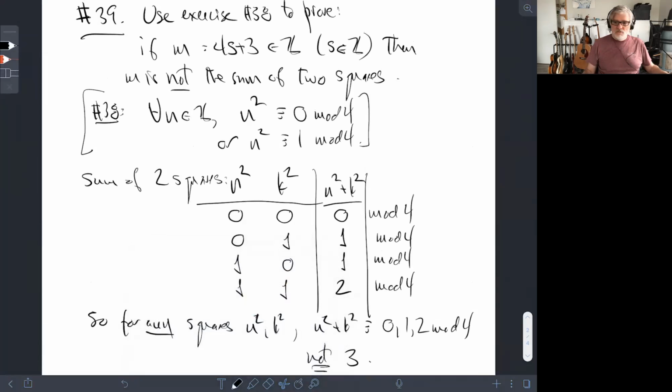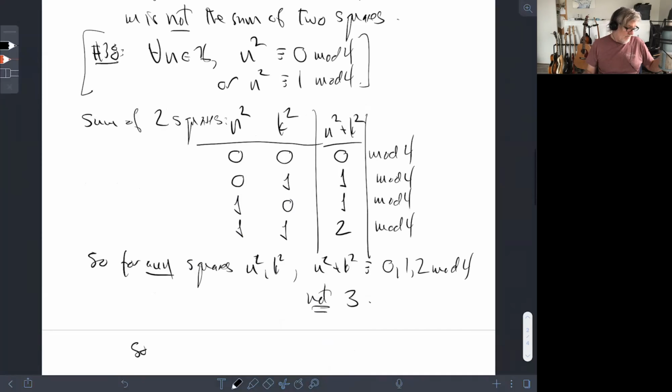Okay, so in other words, if m, an integer, is congruent to 3 mod 4, it cannot be the sum of two squares, and the reason is each square is congruent to 0 or 1 mod 4, so if you add them up, you can only get 0, 1, or 2, not 3.